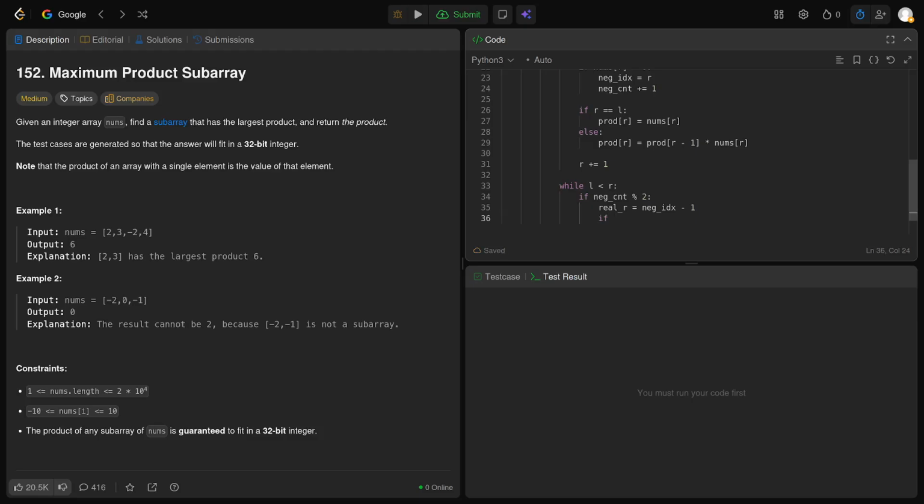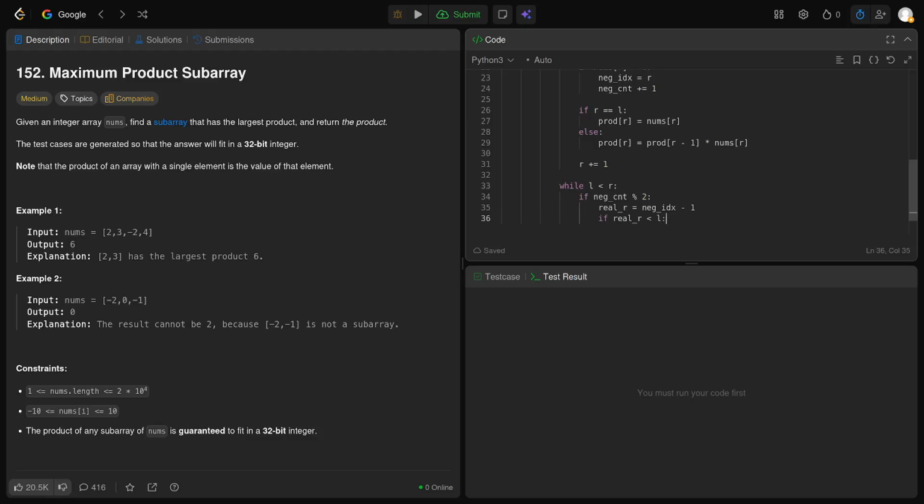Now if real R is less than L, which I guess should be the case if there is just a single negative number and we get to that number, I think.